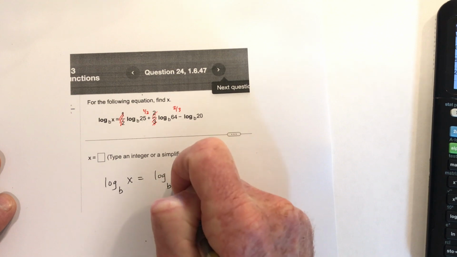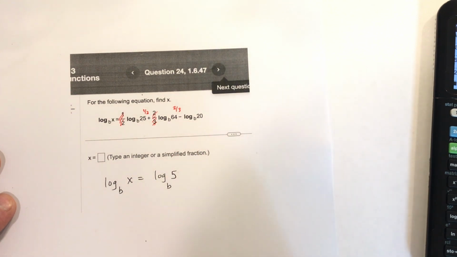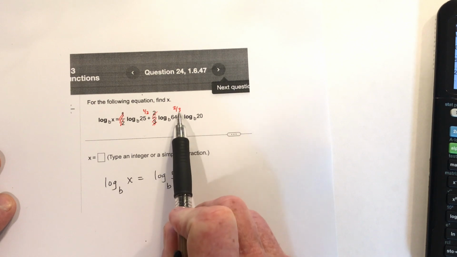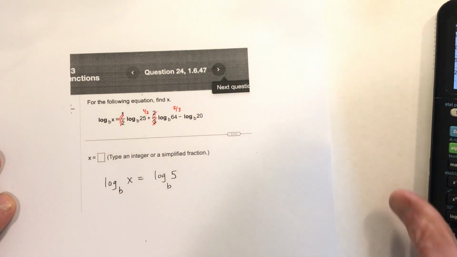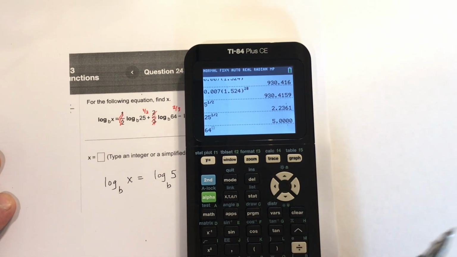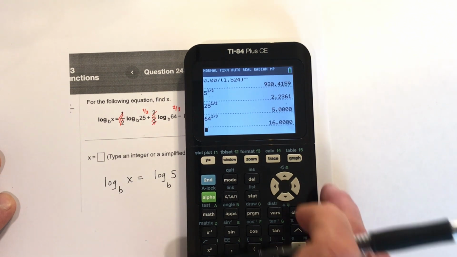Boy, it was harder to use my calculator than to use my brain. And then this one is saying take the cube root of 64 and then square that answer. Or take 64 and raise it to the 2/3, and then that's just a 16.